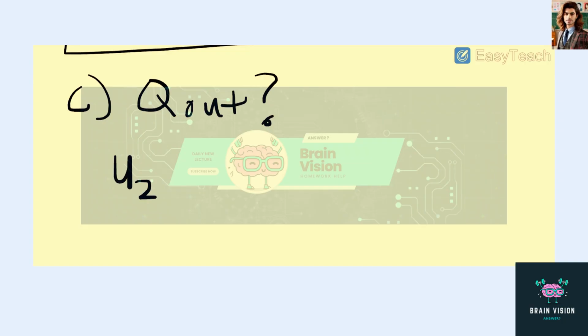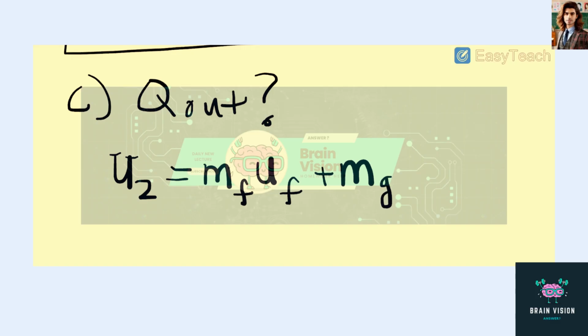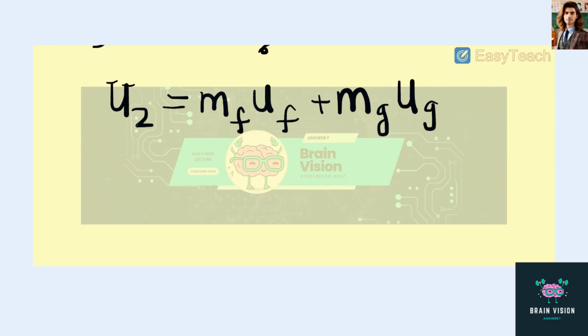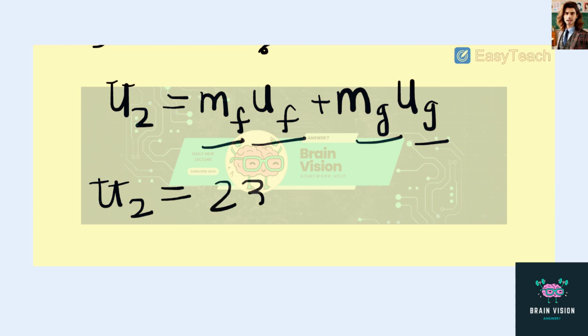We're just going to call that U2, remember this is the big U2, and it is going to be equal to the mass of f times the specific energy of f plus the mass of the gas times the specific energy of gas. Plugging in for these quantities, which we know, U2 will be equal to 23,422 BTU.